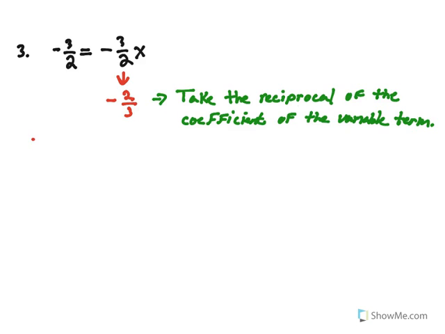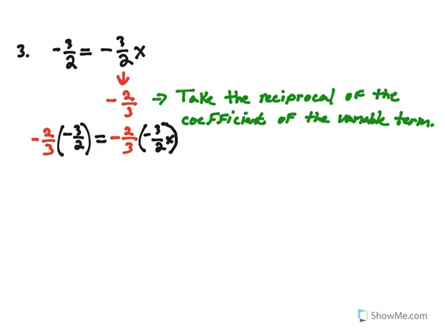So we're going to take the negative 2/3 and multiply it on both sides of the equation. Okay, and then simplify by multiplying the fractions straight across.